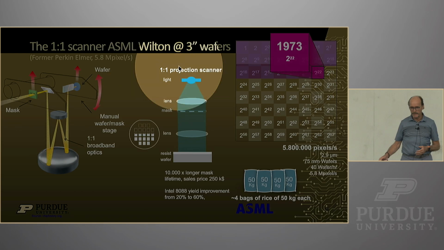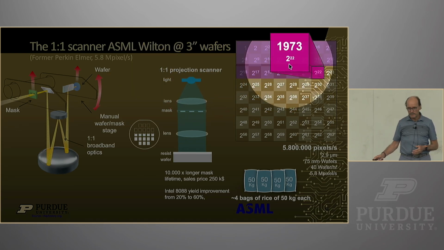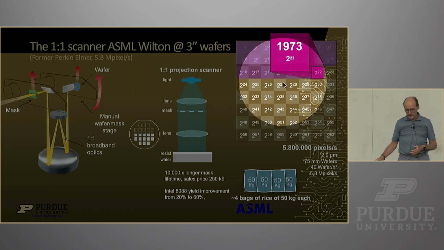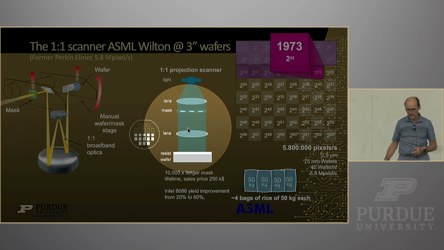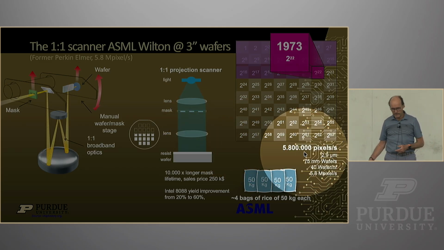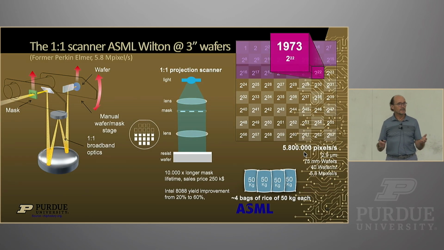So now we're already in 1973, and we were able to do substantially more transistors. And this translated now, this one-to-one projection lithography. Here you see the numbers. There were 75 millimeter wafers back then. Now we use 300 millimeter wafers. That piece of equipment could do 40 wafers per hour.